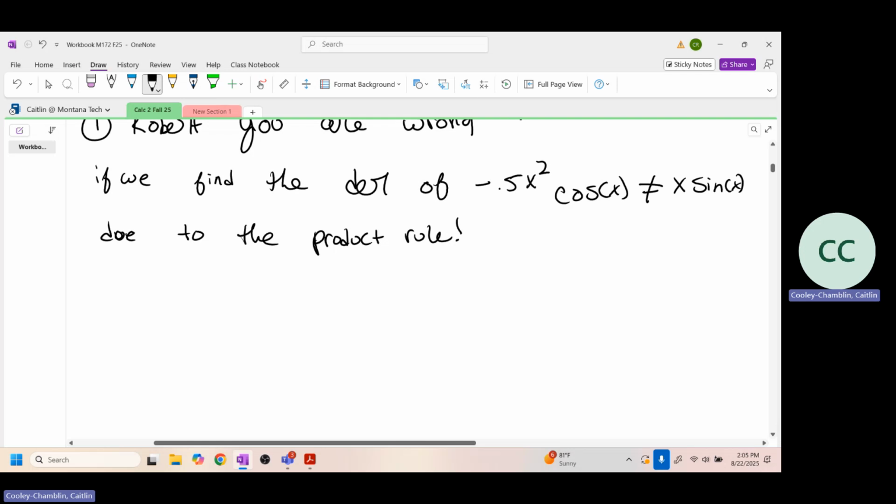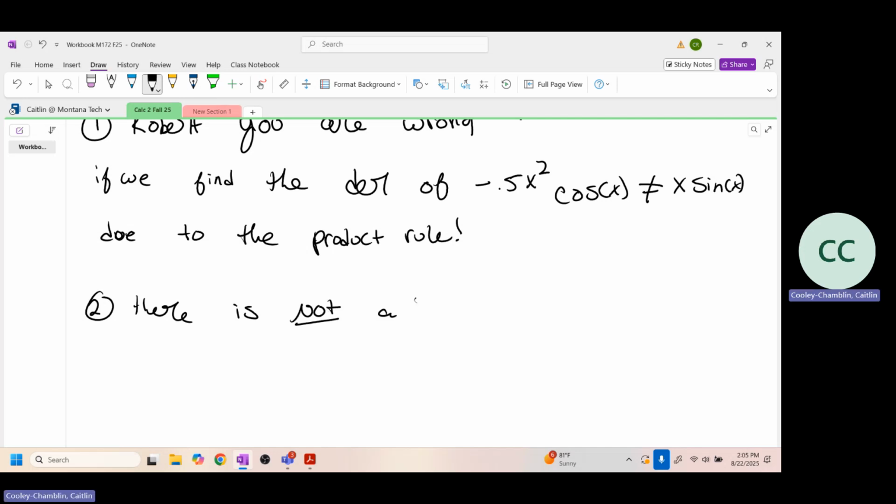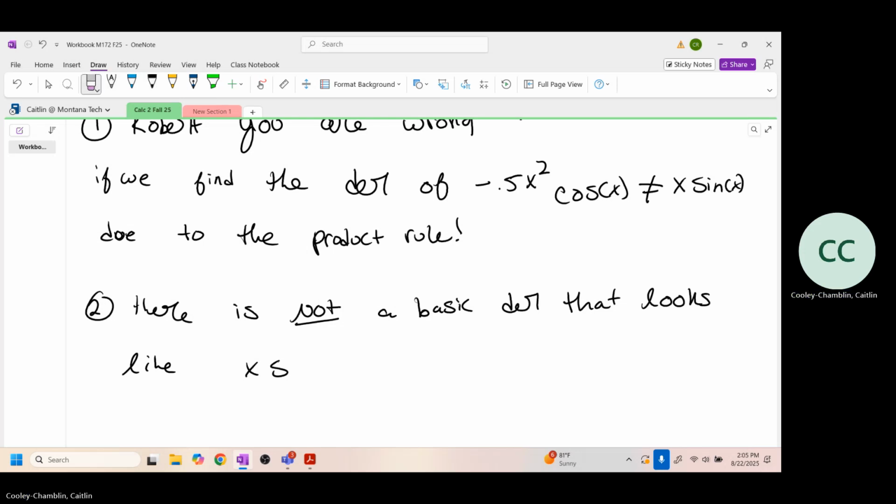The next thing I would probably point out is there is not a basic derivative that looks like x sine of x. So there's nothing that looks like this, even with some algebra.